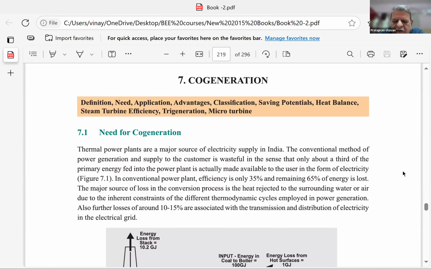Right. Take a second example. You are visiting an industry. Now the industry is a cloth mill. So their basic need is heat energy. They need heat for boiling water. They need heat for drying the clothes. They want heat for some other heat sinks and process requirements.